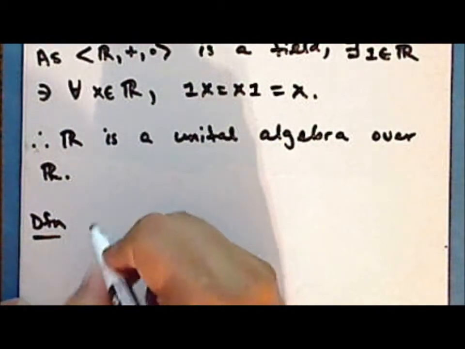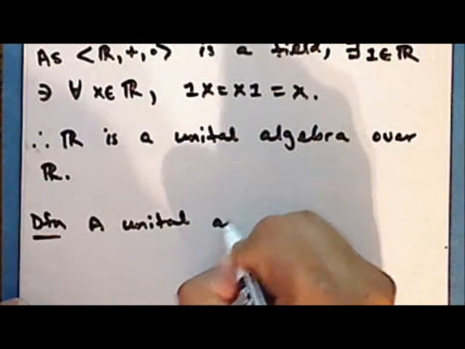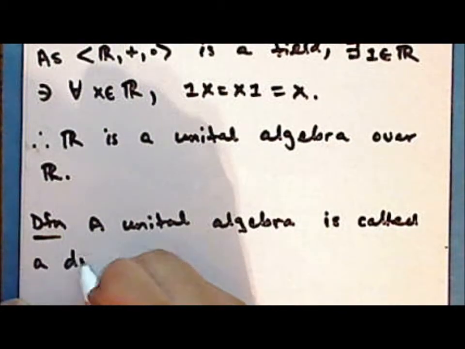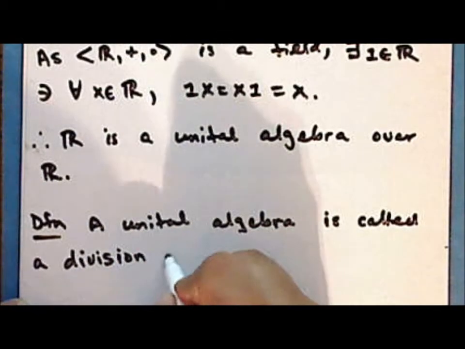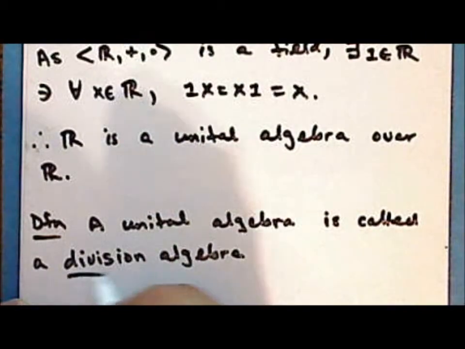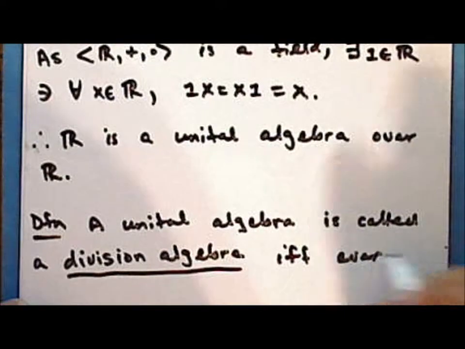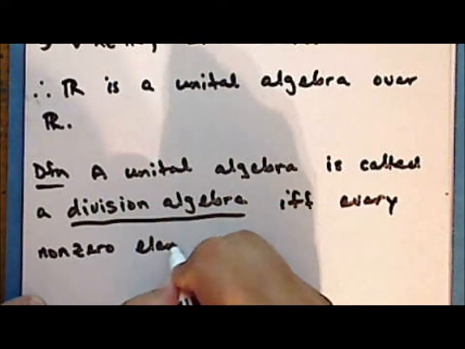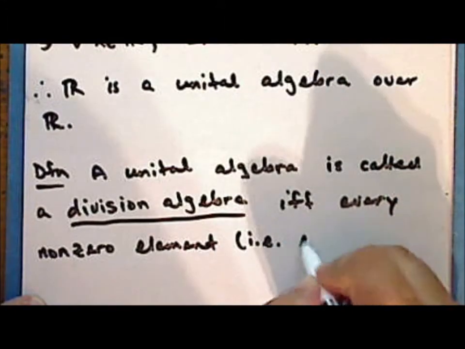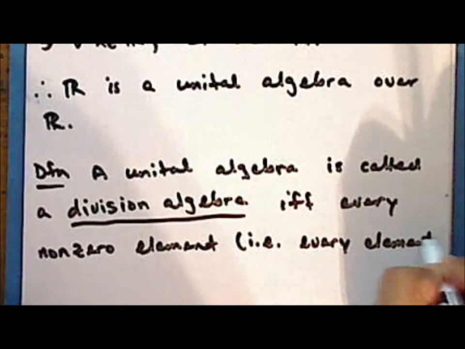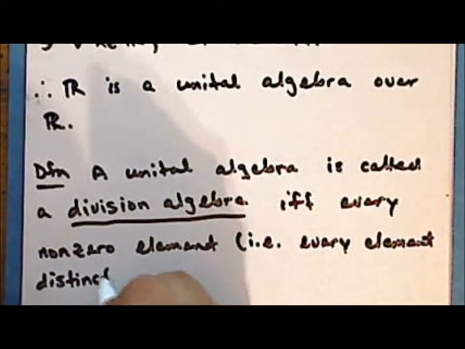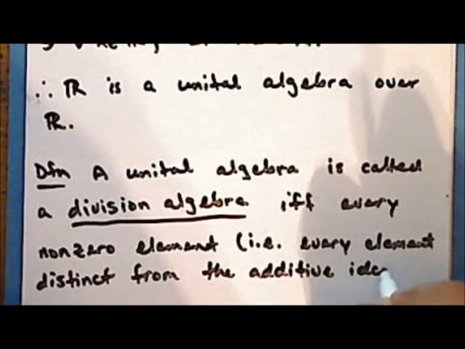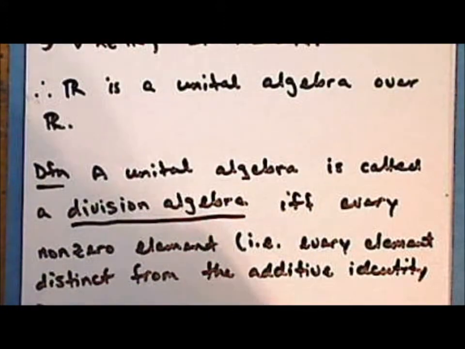Okay, so new definition. A unital algebra is called a division algebra if and only if every non-zero element, that is, every element distinct from the additive identity, the symbol 0.